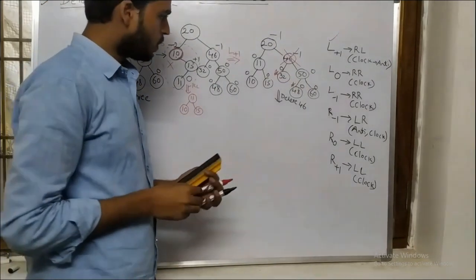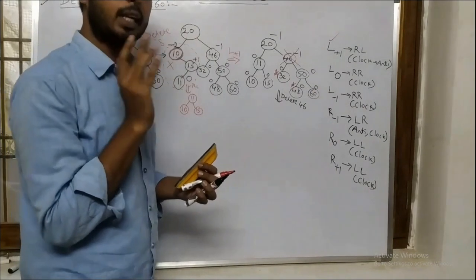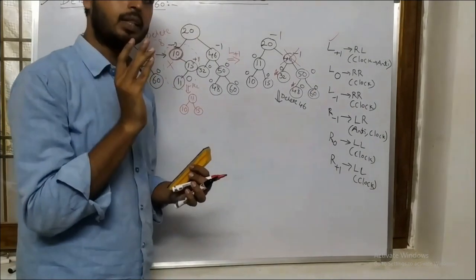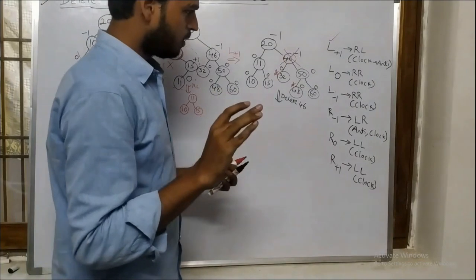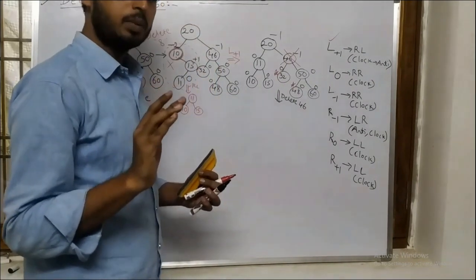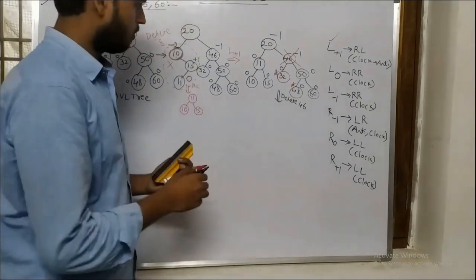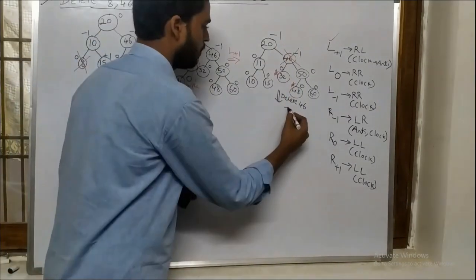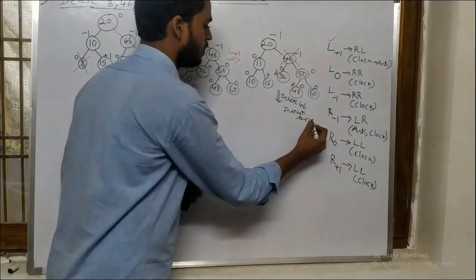So here I will take two cases, but in the exam you can take either case, in-order predecessor or in-order successor. First, for simplicity, I am taking the in-order successor.